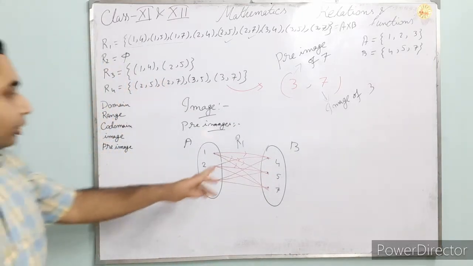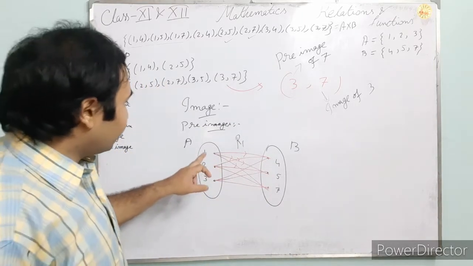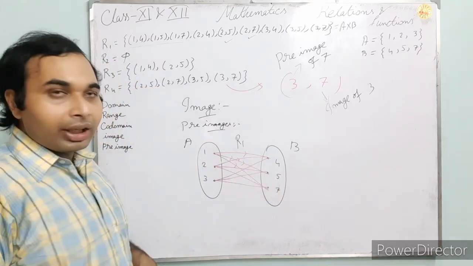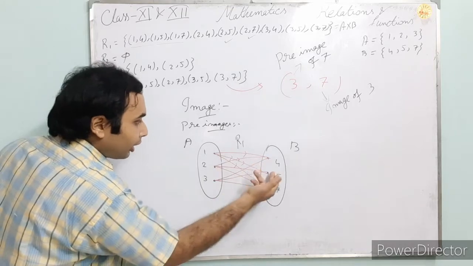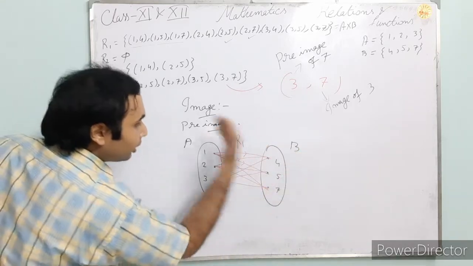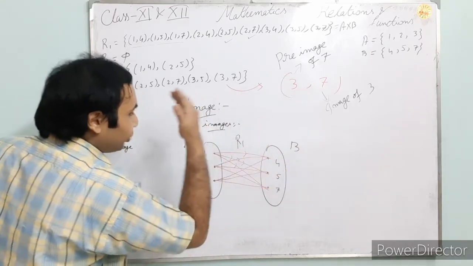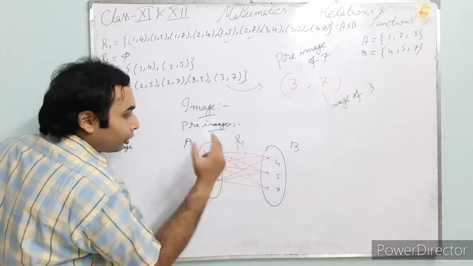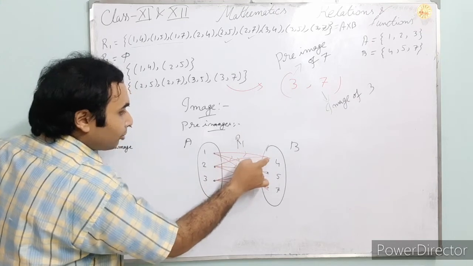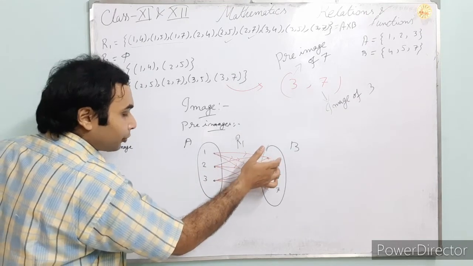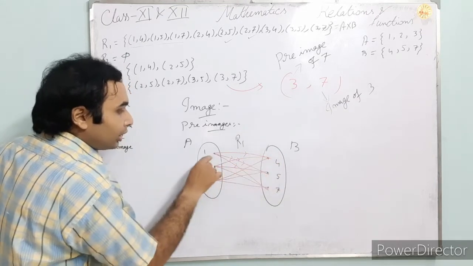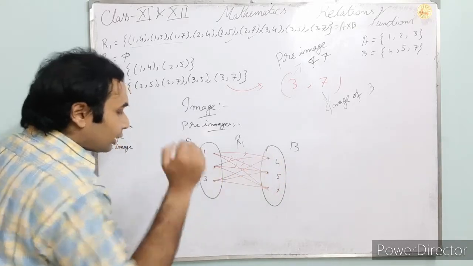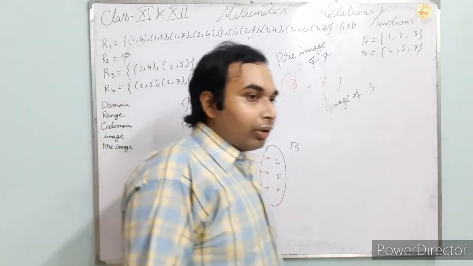Now, from 4, 5, and 7, 3 lines are coming to 1, the same to 2, and the same to 3.